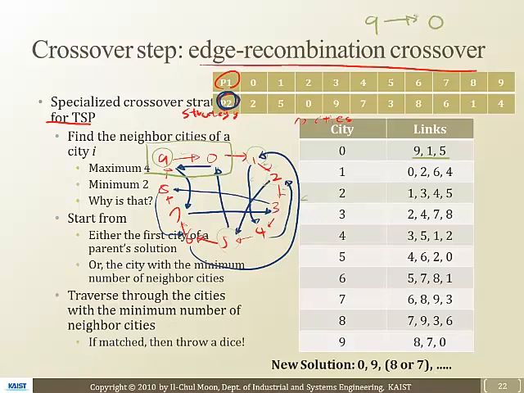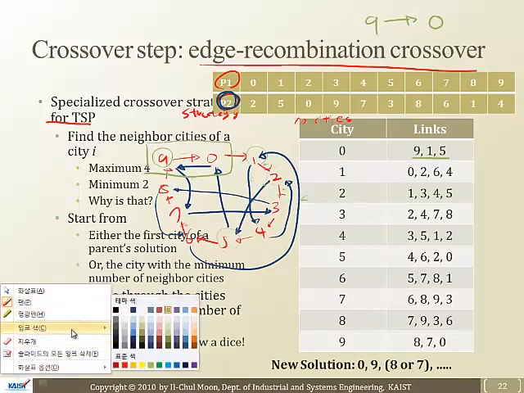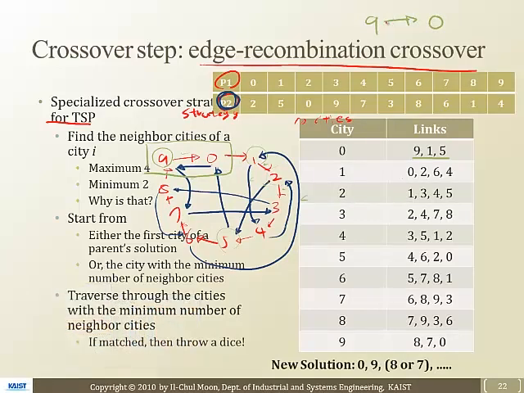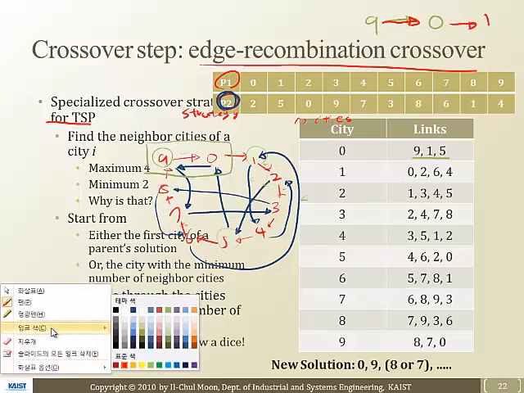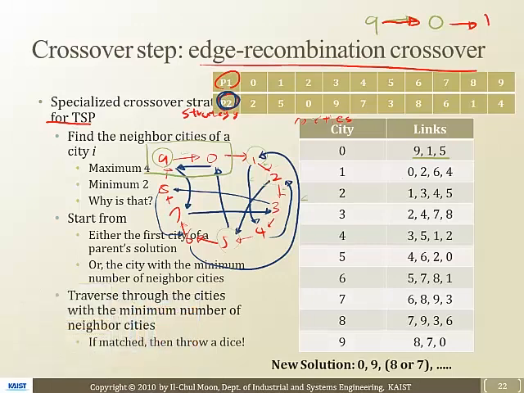It has parent 1's directions, and then the other solution is 9, 0, and we have 5, and we have 8, and we have 7, right?